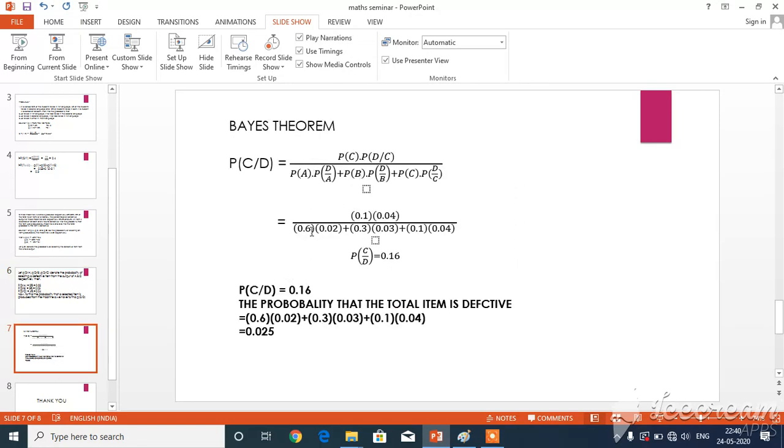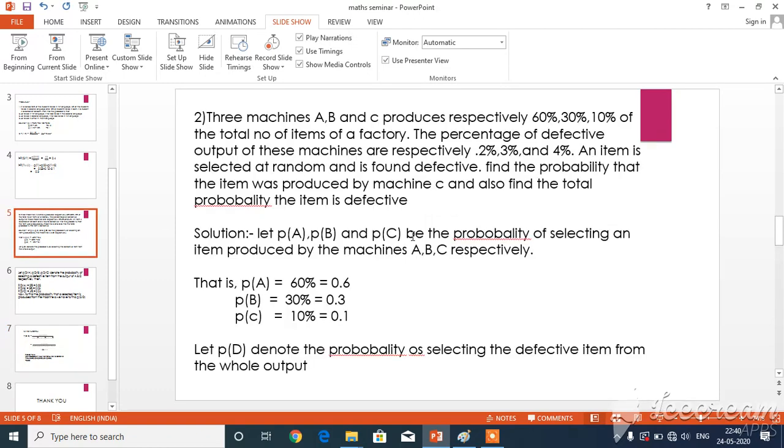Then P of A is 0.6 and P of D over A is 0.02. Then P of B with P of D over B, and P of C with P of D over C. If you solve this, you will get P of C over D as 0.16.